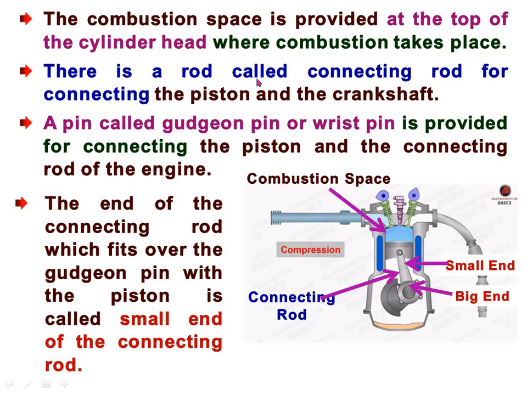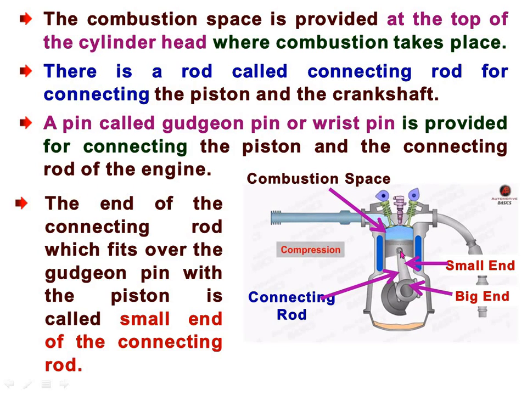There is a rod called the connecting rod for connecting the piston and crankshaft. We know that this is the connecting rod which connects the piston and crankshaft. The pin called the gudgeon pin or wrist pin is provided for connecting the piston and the connecting rod of the engine.